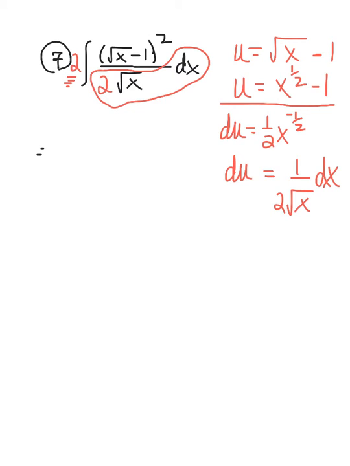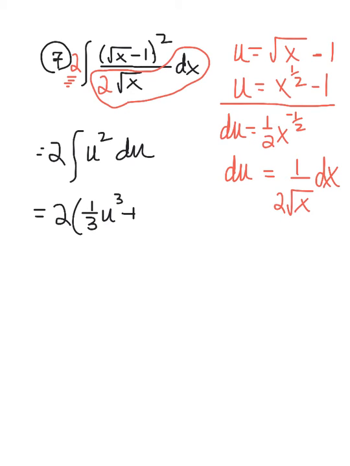All right, so then let's rewrite this. So then I have 2 on the outside, the integral of, all right, so let's look at what we have here. This is my u squared, right? Okay, so then I'm going to write u squared. And then this whole mess right here is my times du. So I'm going to write du. All right, so let's go ahead and integrate that. u squared, if I integrate that, is 1/3 u cubed plus c.